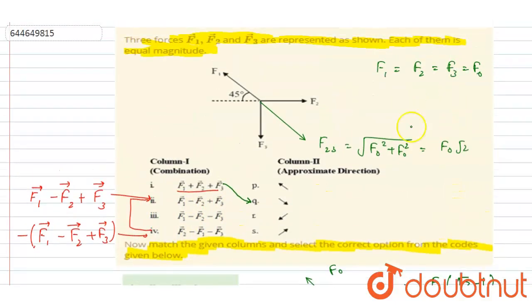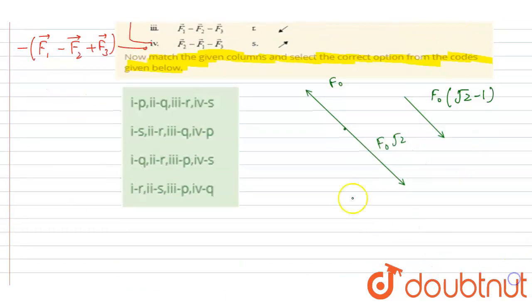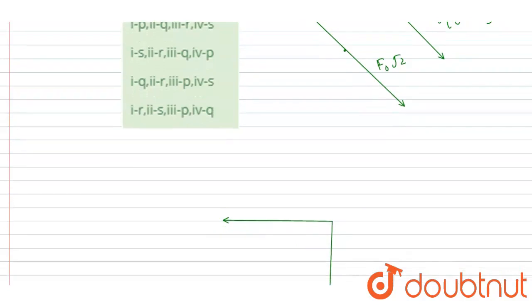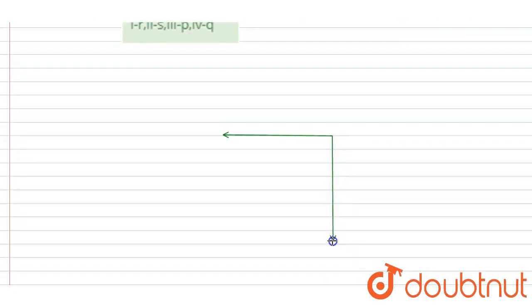In the second option, F2 is inverted. So if I invert the F2, let's say this is F2, now minus F2, and this is F1 and this is F3.